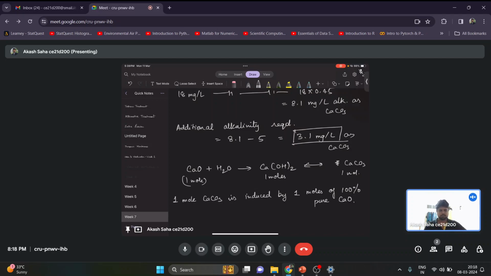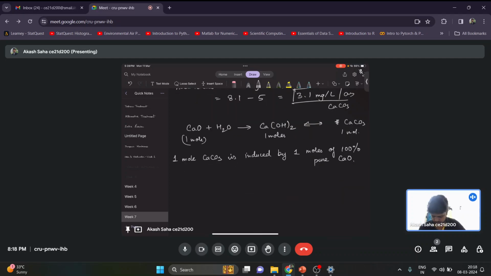So 1 mole of CaCO3 is induced by 1 mole of 100% pure CaO. Or we can also write 1 mole of CaCO3 corresponds to 100 grams, and 100 grams of CaCO3 is induced by 1 mole of CaO, which is 56 grams.